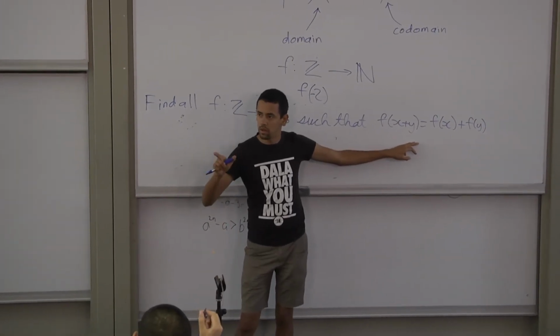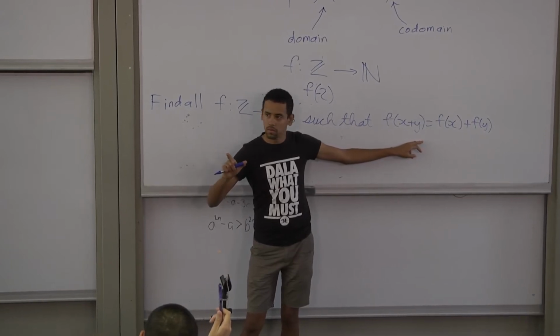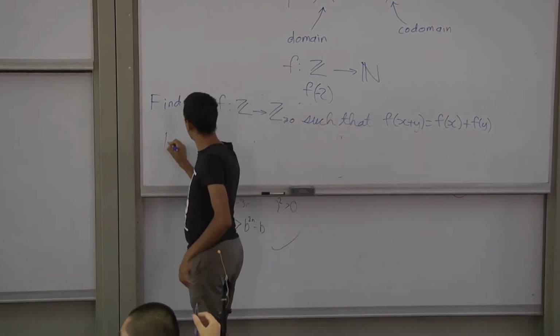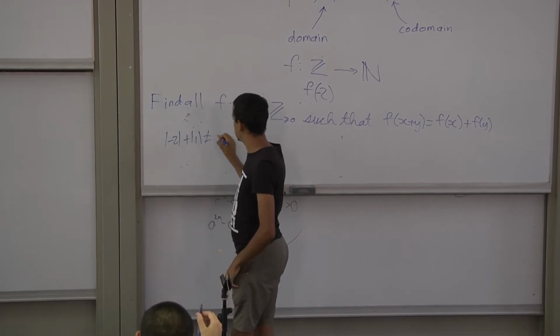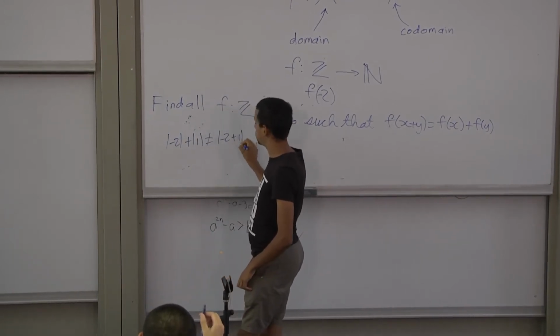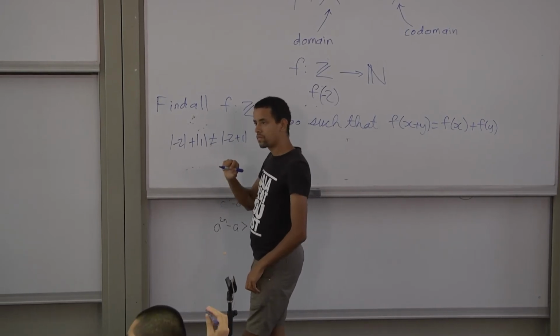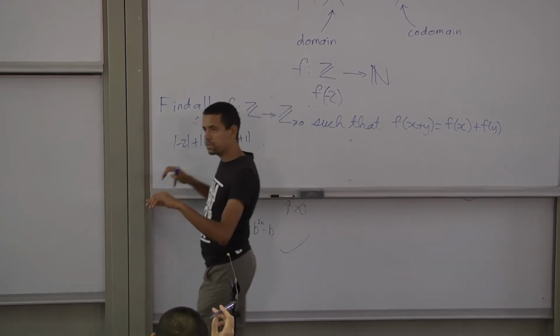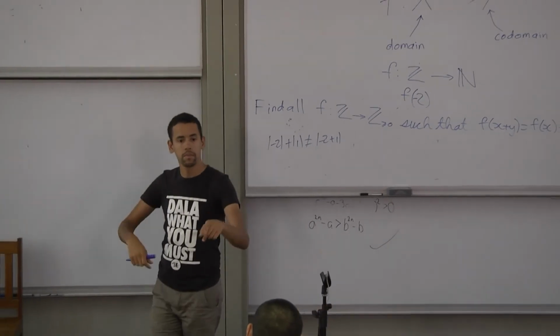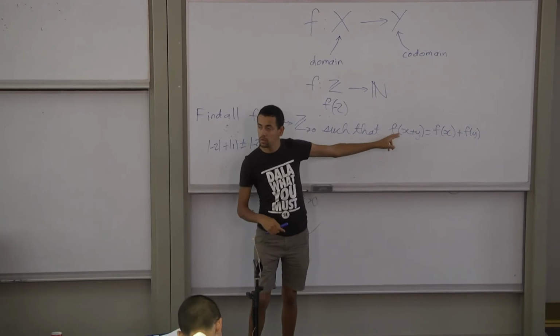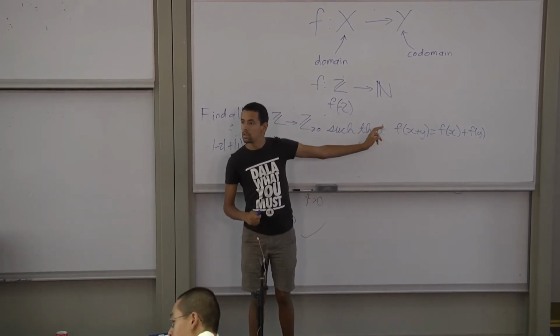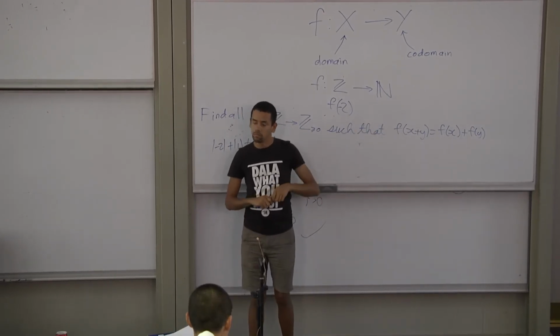Absolute value does not, because the absolute value of negative 2 plus the absolute value of 1 is not the same as the absolute value of negative 2 plus 1. But almost. Any other hands? F of x equals x. Okay, f of x equals x works. Are there any more? F of x equals a constant times x.